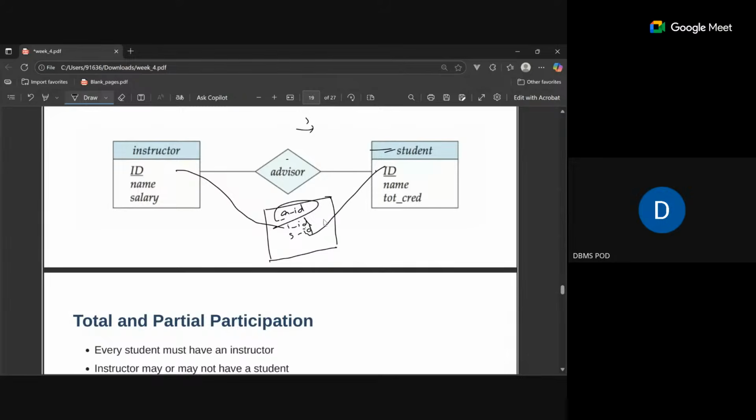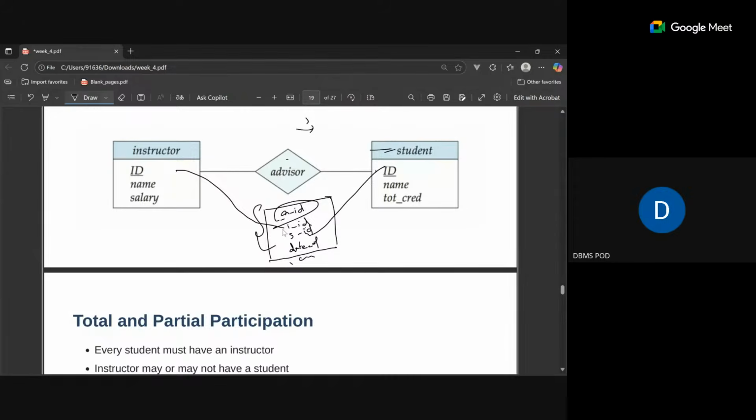These are the necessary attributes for your intermediate table. Then only will you be able to uniquely identify which student has how many instructors, and which instructor has how many students. Additionally, you can have date of joining, course started, or any additional details you want. But these are necessary for the intermediate table.